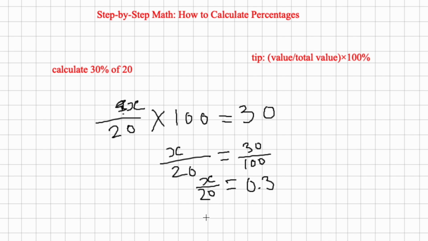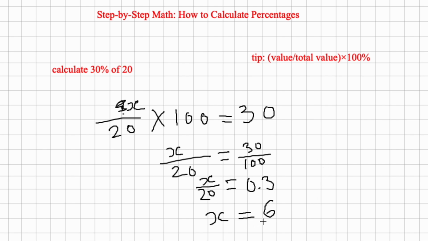Now, in order to get x on its own, you need to do something with this 20, which is going to be times it, because at the minute it's x divided by 20, so we need to do the opposite, which is times it by 20. And if you times it by 20, x will be equal to 6.